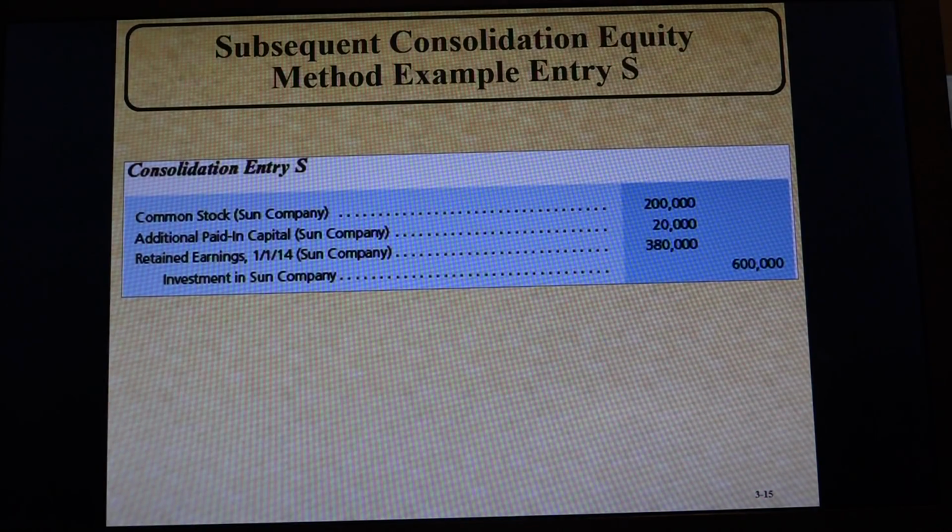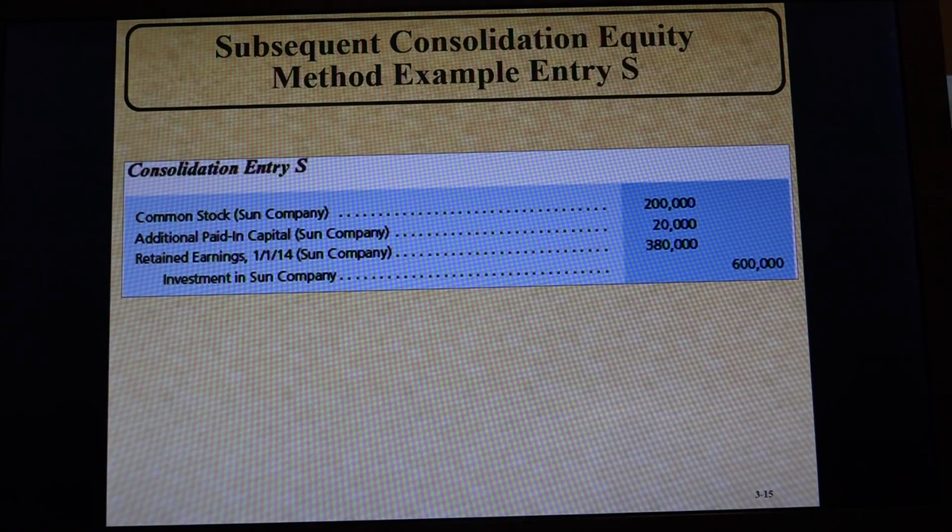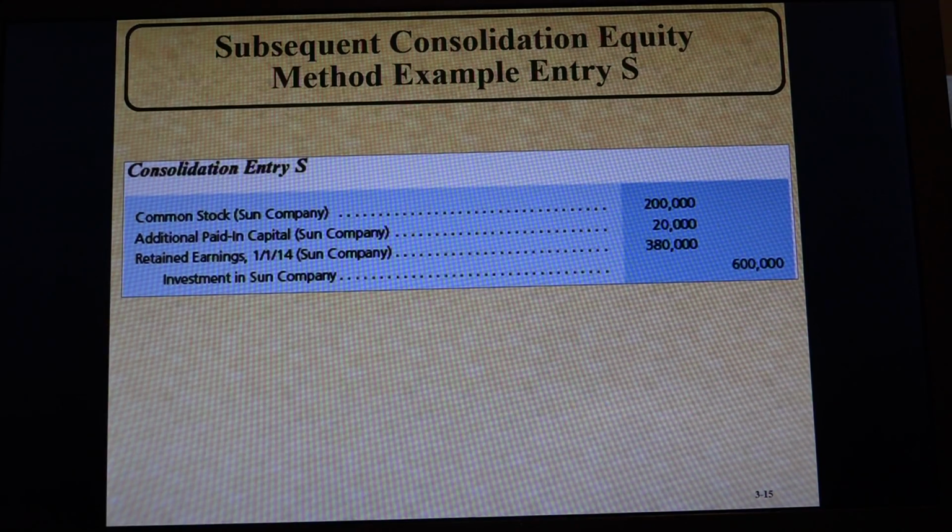Okay, so again, here we're simply reducing the common stock and retained earnings account of the sub, and your credit is to the book value of the amount of investment that the parent company has in the sub, $600,000.